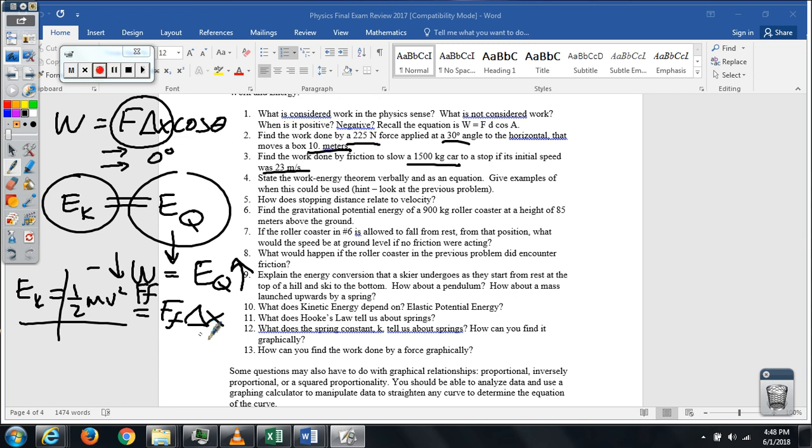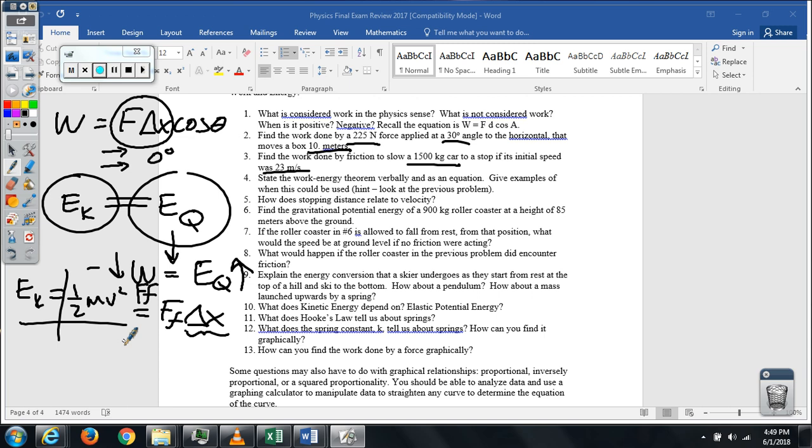So the stopping distance is just whatever the kinetic energy is divided by the force of friction. So you'd have to know a little bit more about the friction in the surface to actually carry out a problem. In particular, you need to know mu.